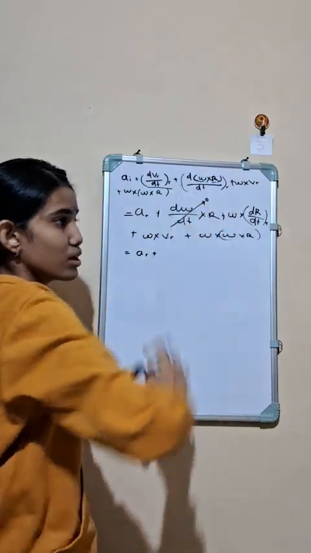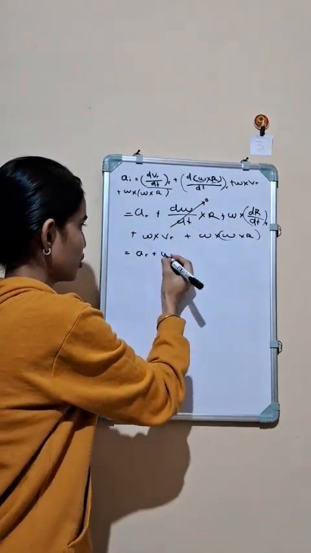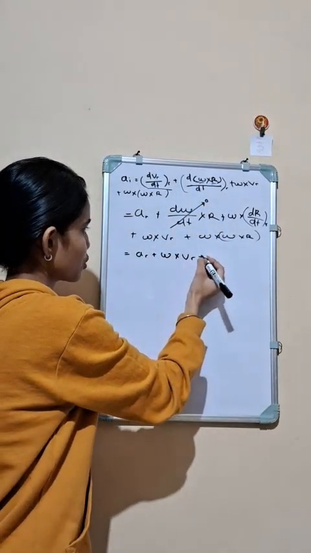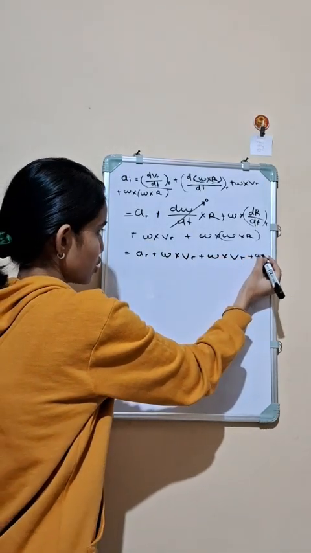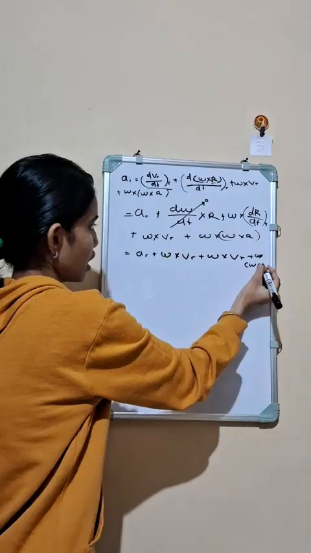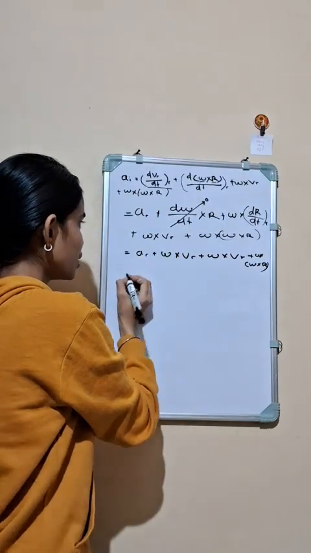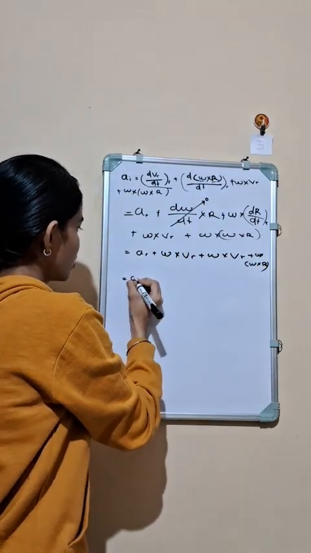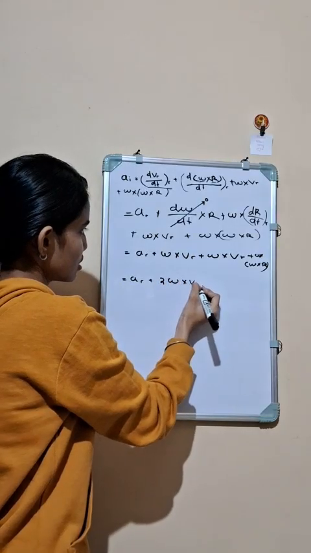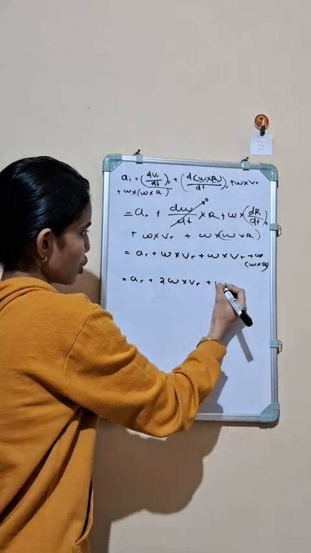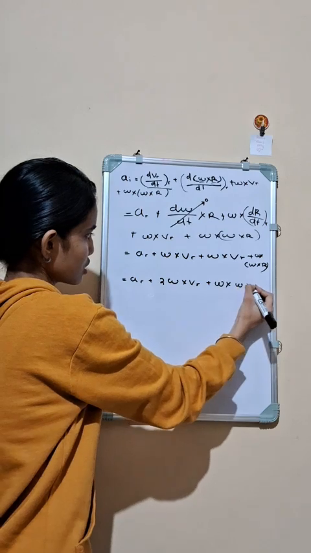Derivative of r is velocity. That will be omega cross vr plus omega cross vr plus omega cross r, which will be equal to AR plus 2 omega cross vr plus omega cross omega cross r.